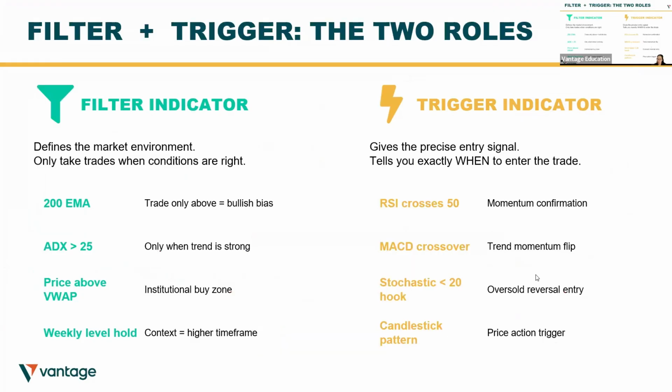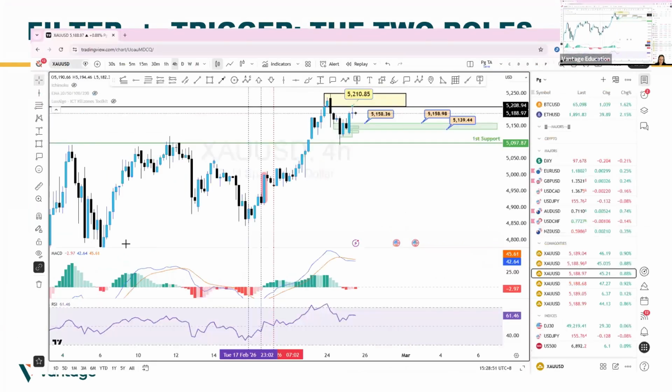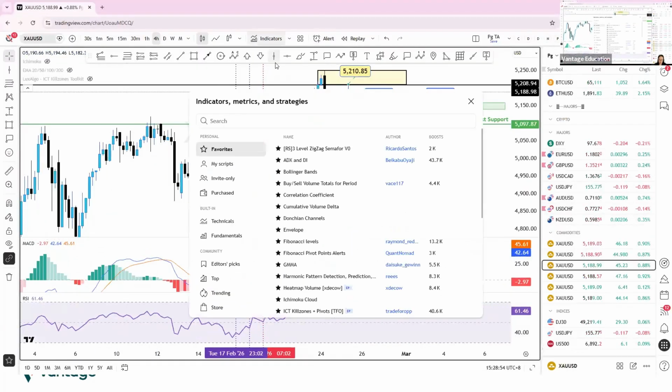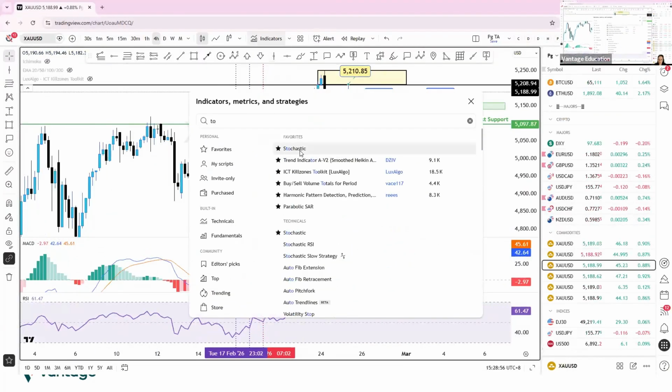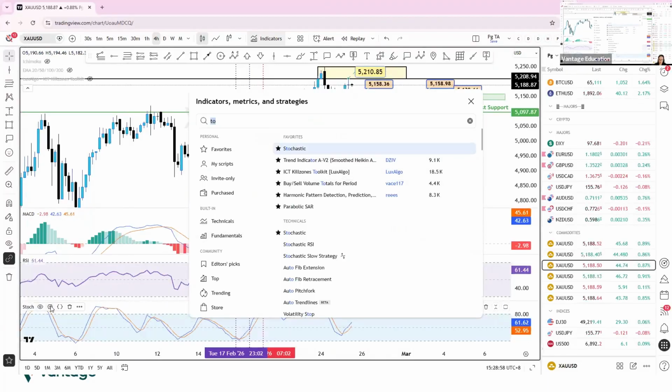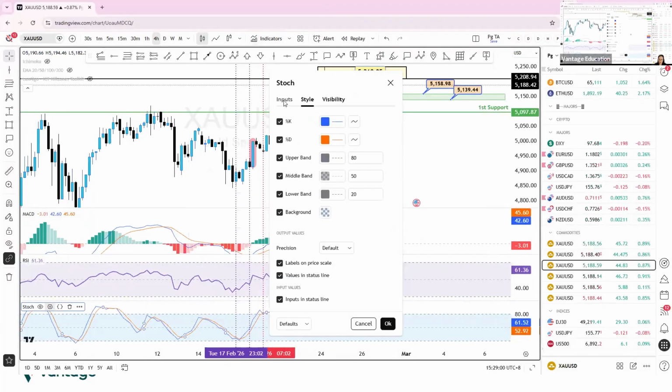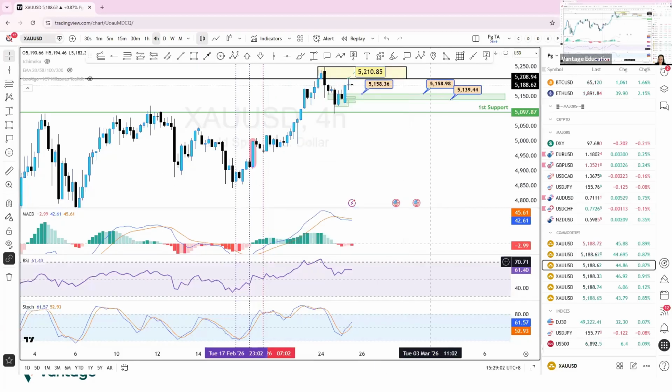And another one, stochastic less than 50%. We know that is an oversold reversal entry. What about the stoch? Okay, stochastic, I use the numbers 9, 3, 3.